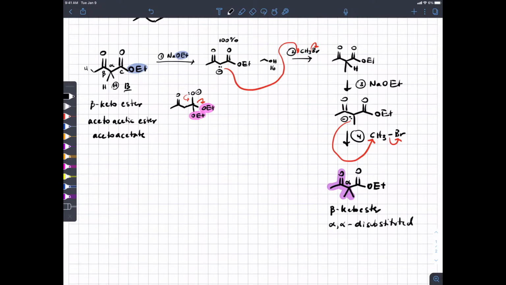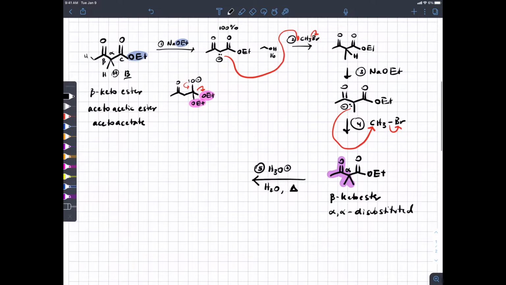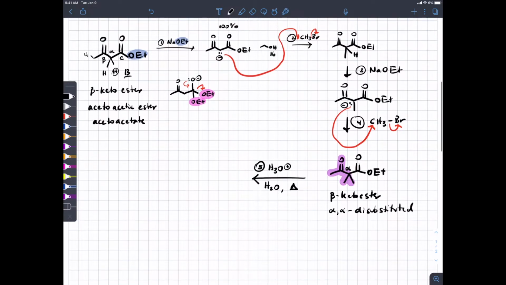All right, so what we're going to do now in our final step is add acid, water, and heat. And three things are going to happen. We're not going to draw the mechanism of all of them because you've seen many of them before.